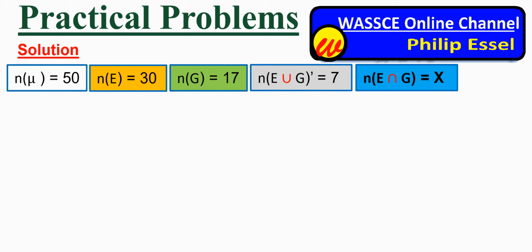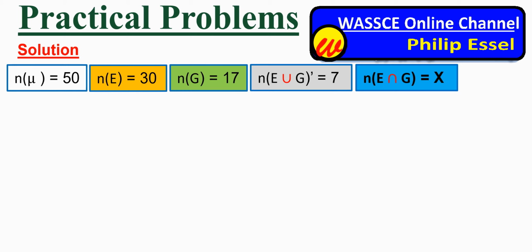First, we know that the total number of students in the class is 50. Number of economics students is 30. Number of government students is 17. Number of students who did not read any of the two subjects is 7.